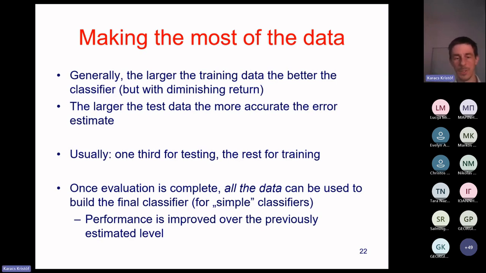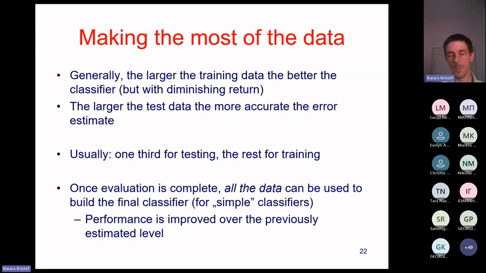However, once you finish your evaluation and you have your estimation about the performance of the model, you have the ability to train another model using all your data to build the final model to be used.